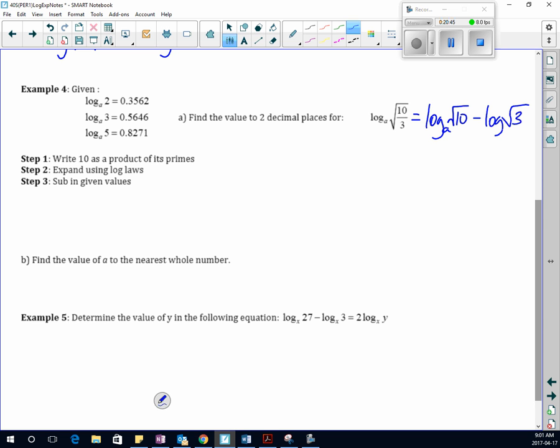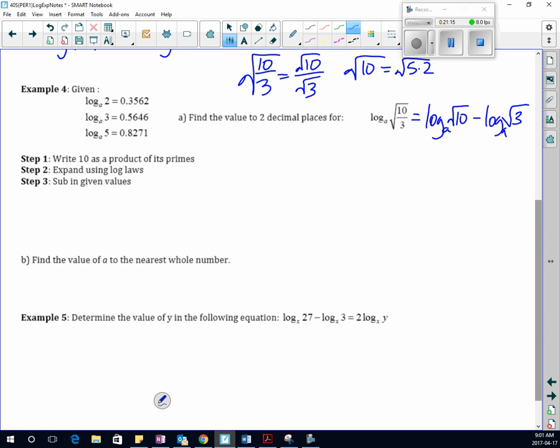Again, going back to grade 9 or 10, we learned that the square root of 10 over 3 is the same thing as the square root of 10 over the square root of 3. And then all I did was separate that as subtraction. So now I'm going to rewrite the square root of 10 as the square root of 5 times 2. Does everybody see that?